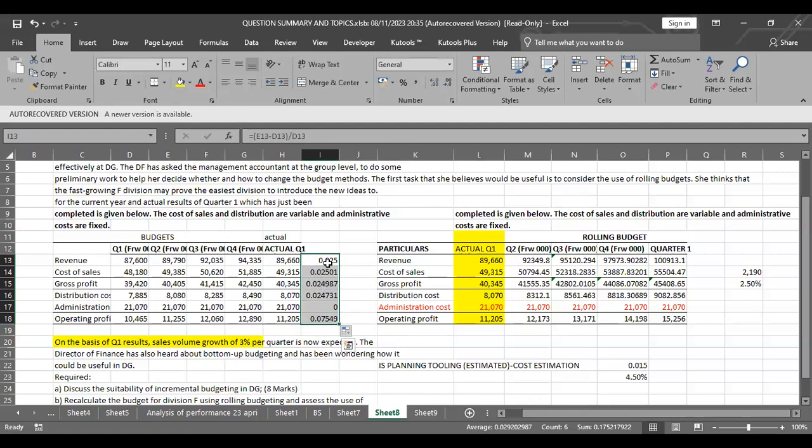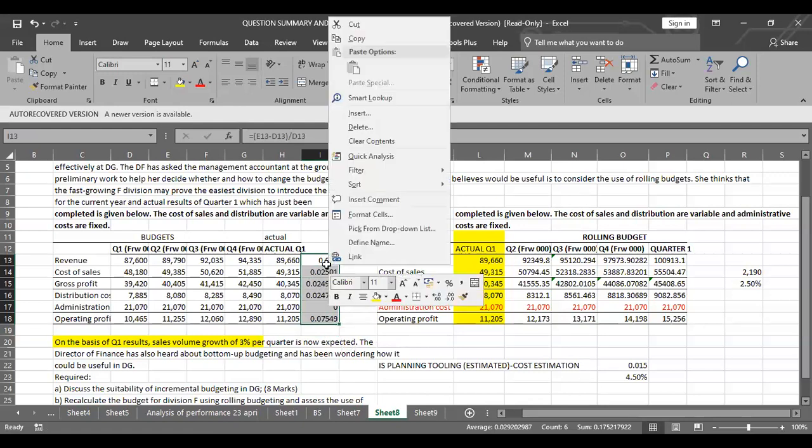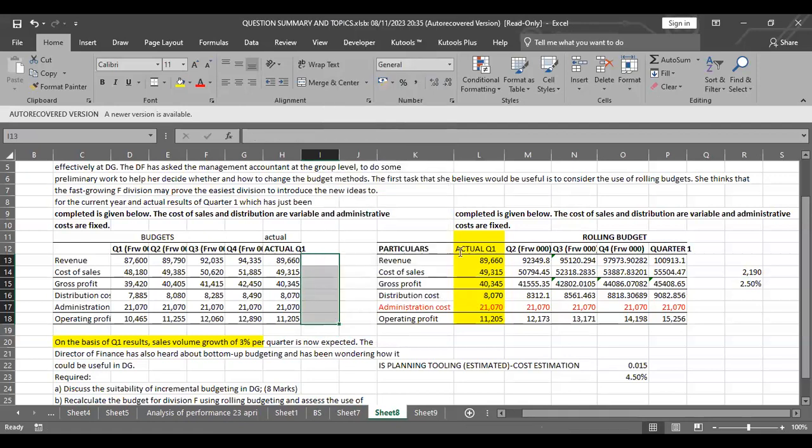So what I'm trying to say is they use actual. Why do they use actual? Because actual represents the changes already. Remember, the intention of a rolling budget is to update. So actual already has the changes which were seen in Q1. As you may see, these two are not the same. In fact, there's a difference between them. This is 89 and this is that.